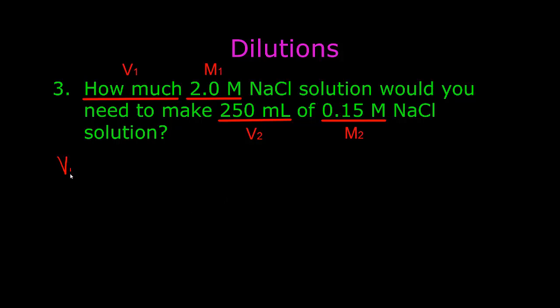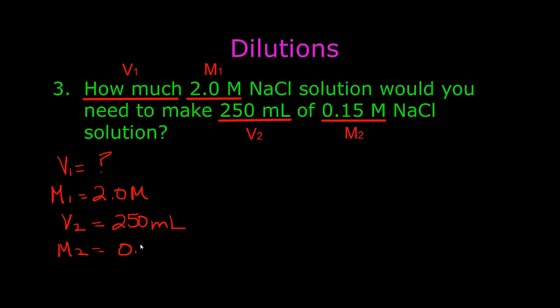So V1 is what we're looking for. M1 is 2.0 molar. V2 is what we're making, 250 milliliters. And M2 is the concentration of what we're making, which is 0.15 molar.